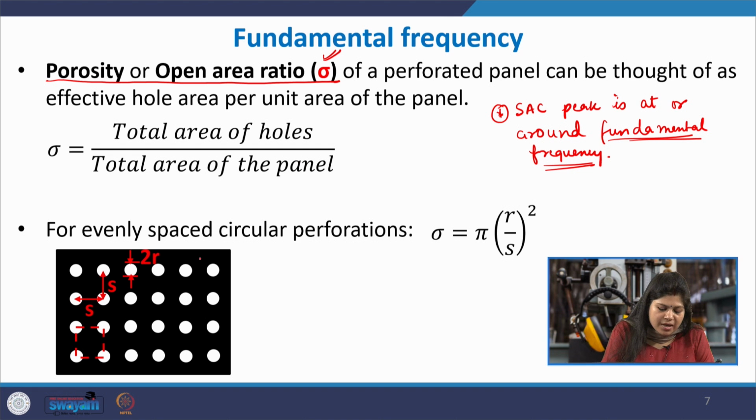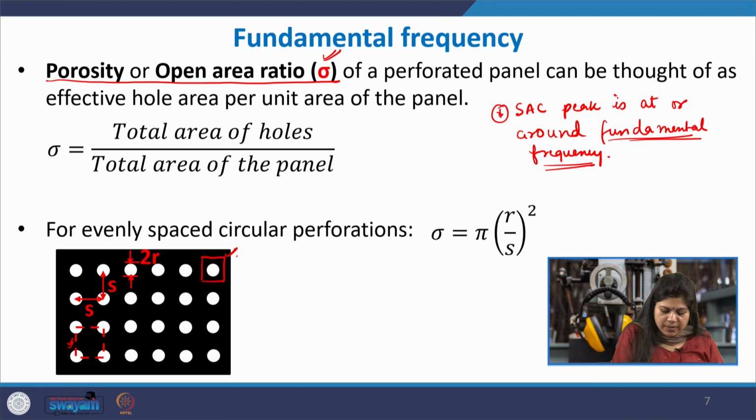and suppose we imagine one repetitive unit like this. Either we can imagine one repetitive unit like this, or we can imagine one repetitive unit like this, either way, and then we can think of this perforated panel resonator as a repetition of this unit cell.